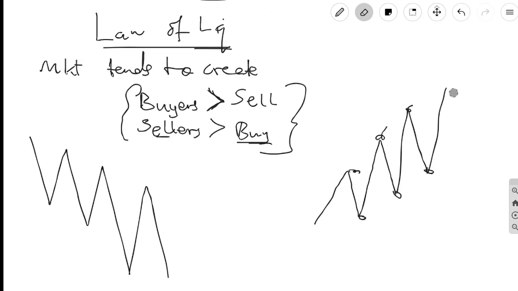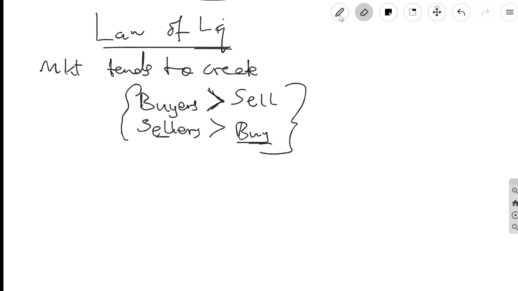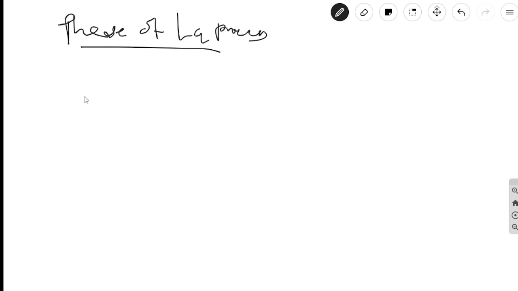Now, the liquidation process has phases.